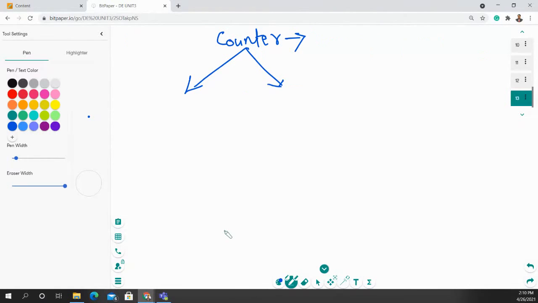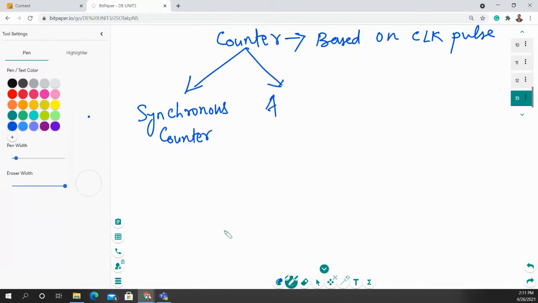Divide it into two types based on clock pulse. If we apply the clock, then we can name it as synchronous. This is the synchronous counter.